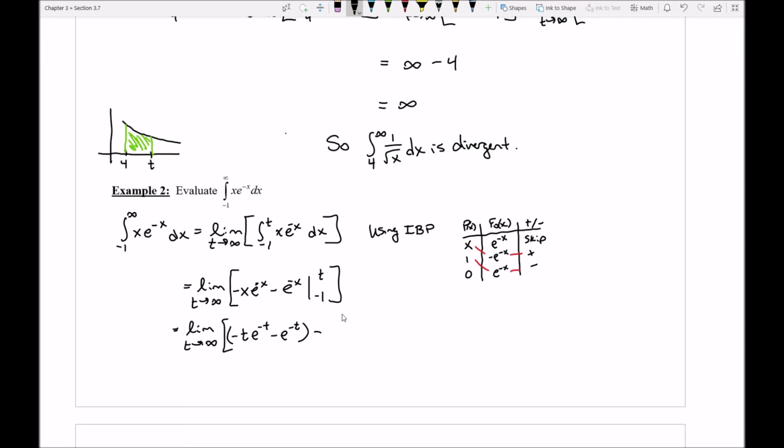And then I'm going to have my negative 1 coming in, which is going to just give me 1 e to the 1 minus e to the 1. Notice that this back part over here is actually just going to completely disappear, and I only have to deal with what I have at the front. I'm going to rewrite that a little bit more. I'm going to get rid of all my negative exponents here quickly by just rewriting these on the bottom of a fraction.